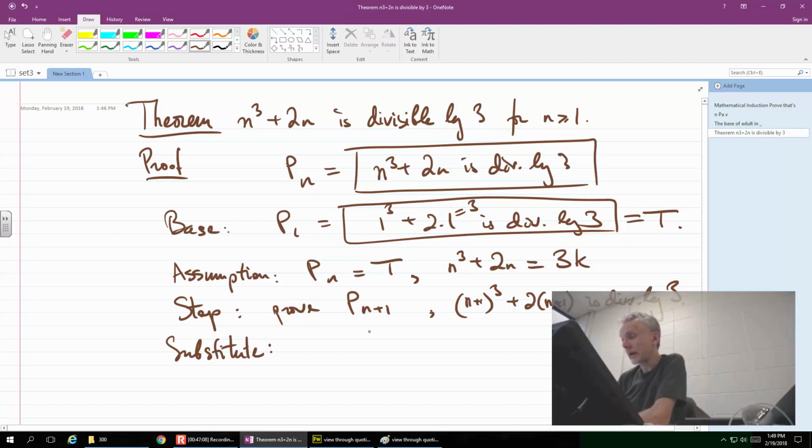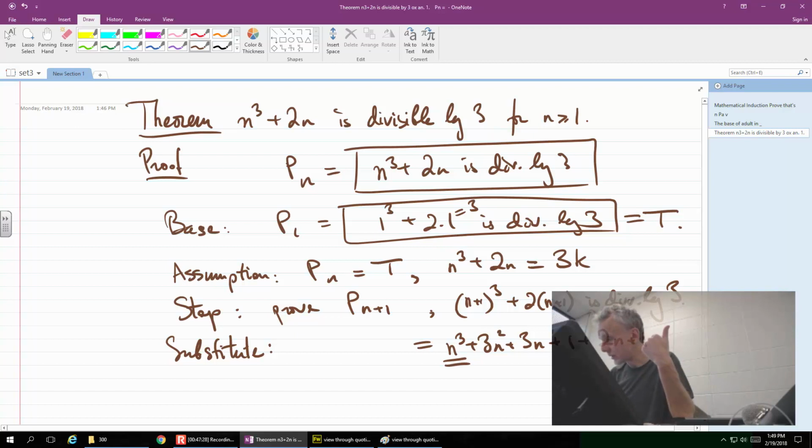So then I have my number here, and I should expand this expression before substituting. So I'll have n cubed plus 3n squared plus 3n plus 1 plus 2n plus 2. Now I need to find n cubed plus 2n, which is this.